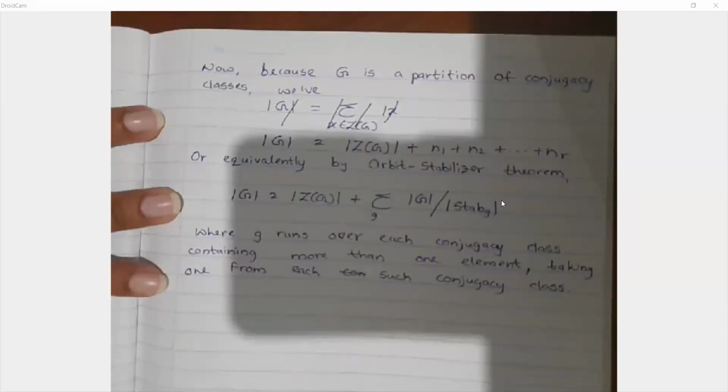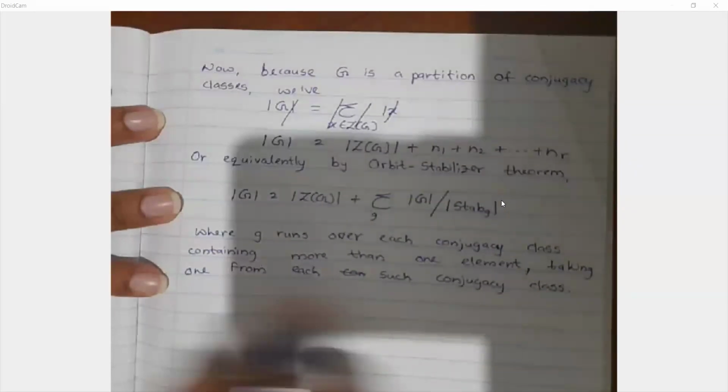Because if you remember, if two elements belong to the same orbit, their orbits are identical. If you take the orbit with respect to those two elements, you get the same orbit, right? So we only need one representative from each conjugacy class. That's what I have written over here.